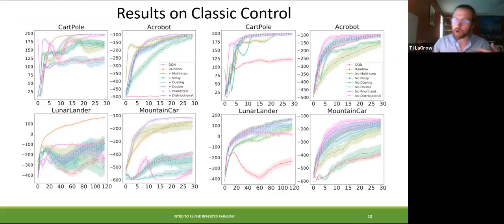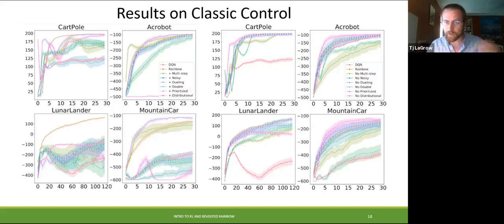The other one is, although cart pole is a relatively simple task, DQN can be quite sensitive to learning rates, such that it can provide an interesting test bed for optimizer stability. They found that the use of noisy networks and an MSE loss helped dramatically with the sensitivity. And it really seems that distributional reinforcement learning is required to obtain good performance on Lunar Lander.